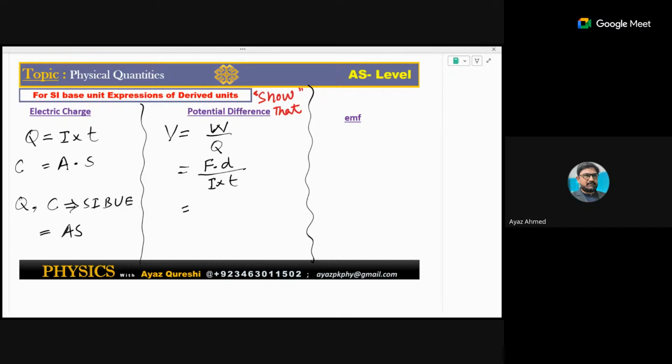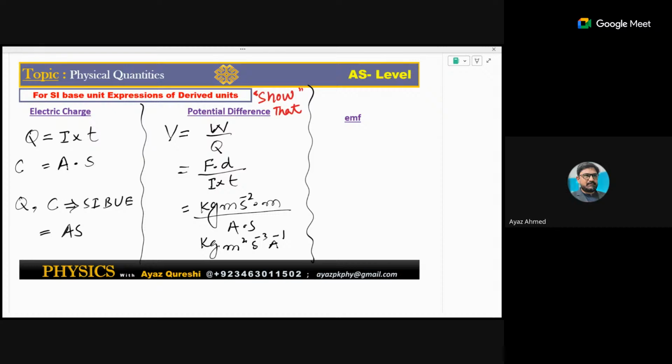You can make the steps shorter and get the final answer. So here, it will be kg m s minus 2 into meter divided by ampere into second. So what will be the final value? kg m square s minus 3 A minus 1.